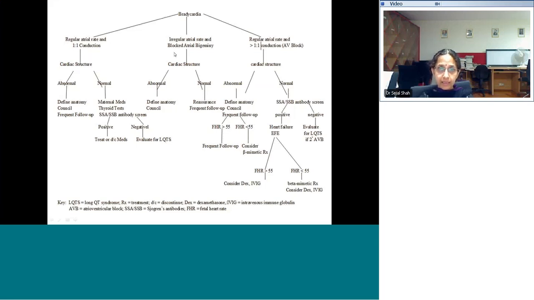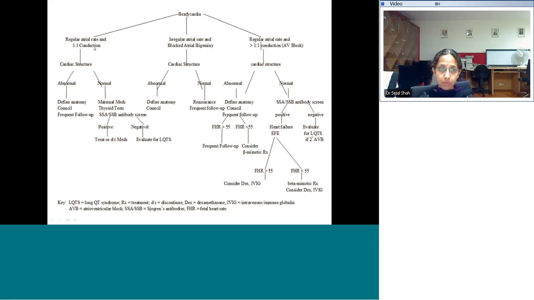The second possibility is it is irregular, and it is because the atrial premature beat is not conducted. And the third possibility is the atrial rate is regular, but the atrial rate is more than the ventricular rate. So we have low ventricular rates, or it is AV block. So there are three types of bradycardias.